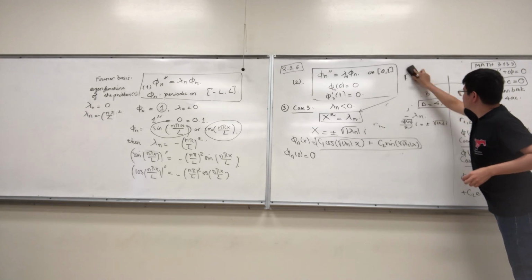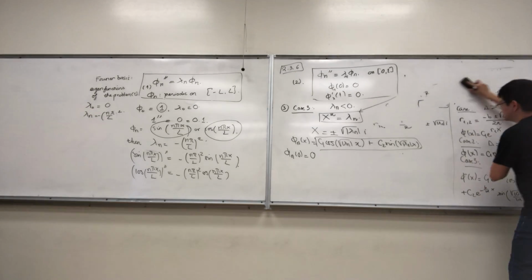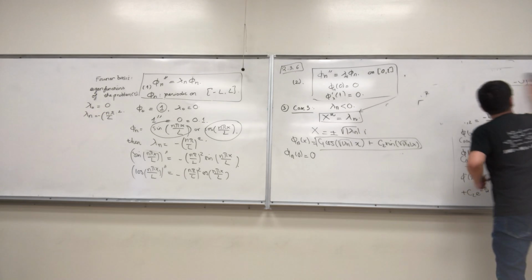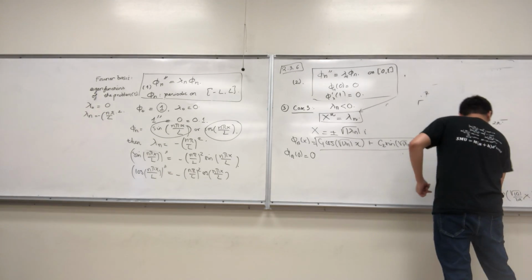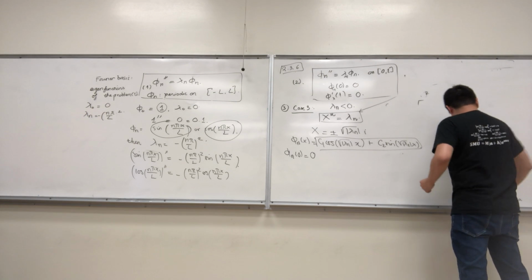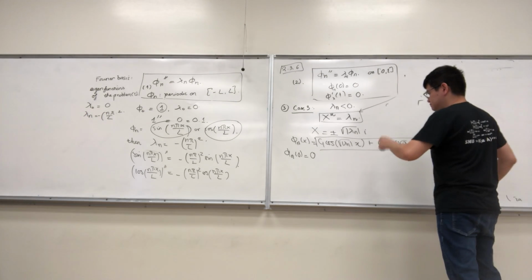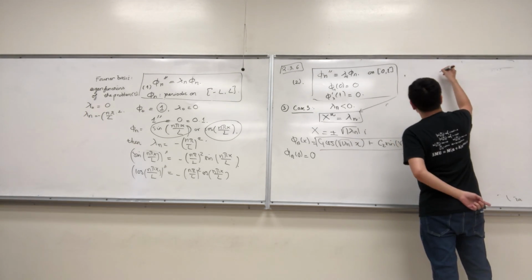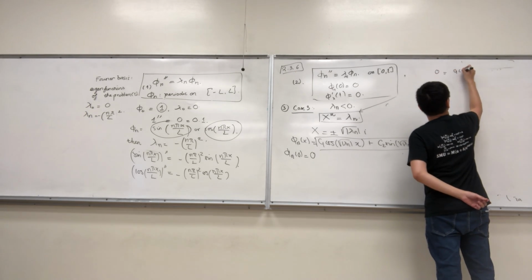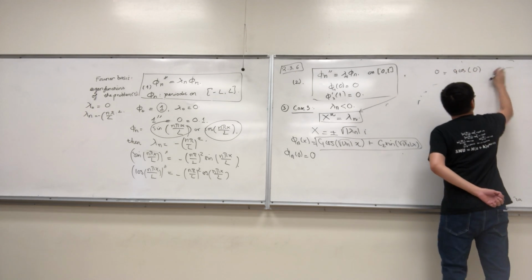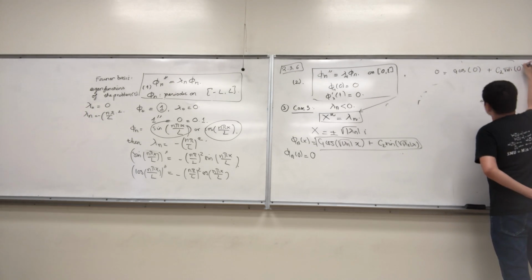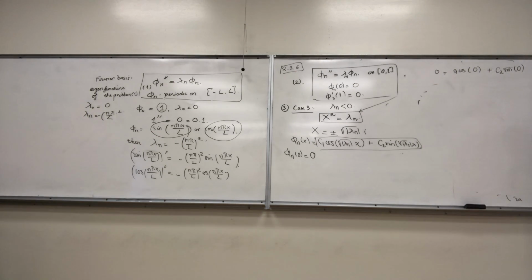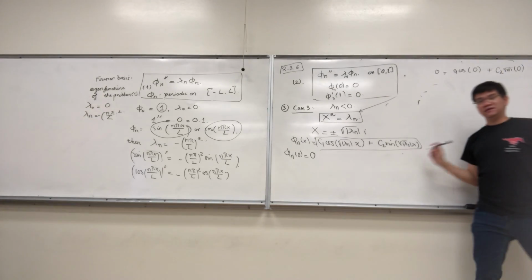All right, so let me erase this part. So when phi n is 0, I have 0 is equal to C1 cosinus of 0 plus C2 sinus of 0, right? I plug 0 here and here.